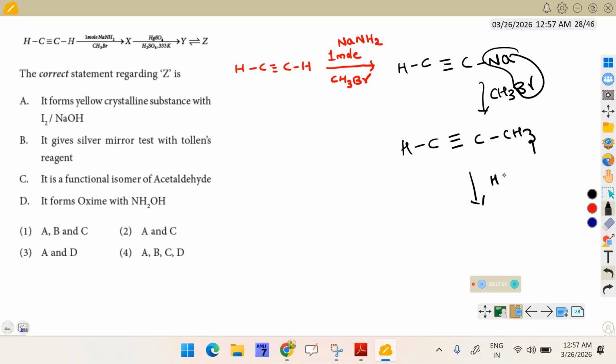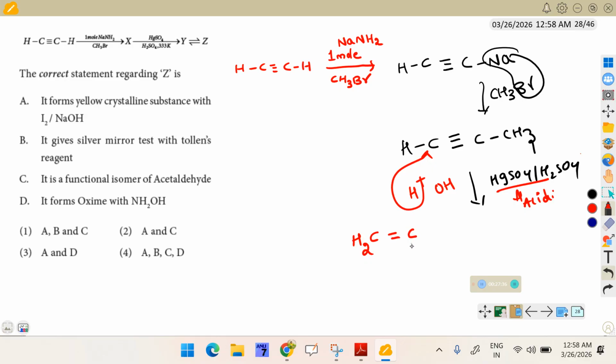HgSO4, H2SO4. Alkynes undergo hydration. Which type? HgSO4, H2SO4 represents acidic hydration. Acidic hydration follows Markovnikov's rule. Add hydrogen atom to the unsaturated carbon which contains more number of hydrogens.